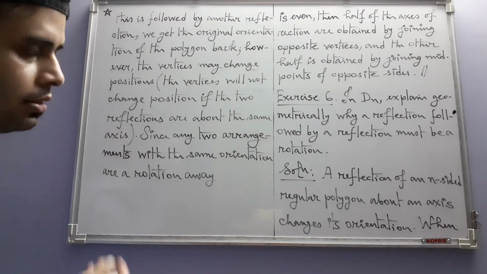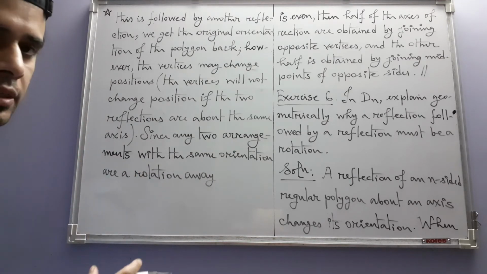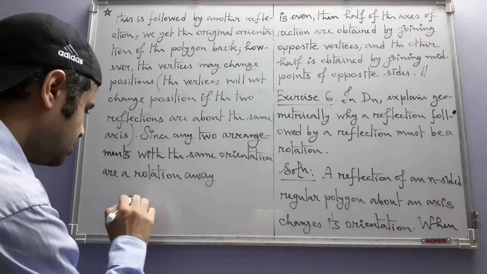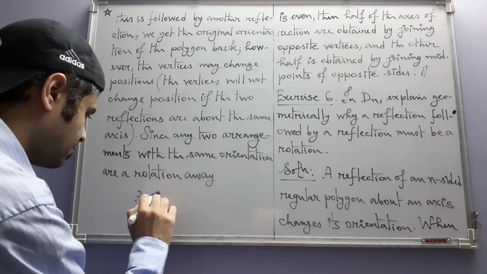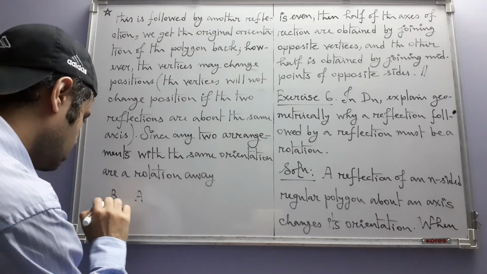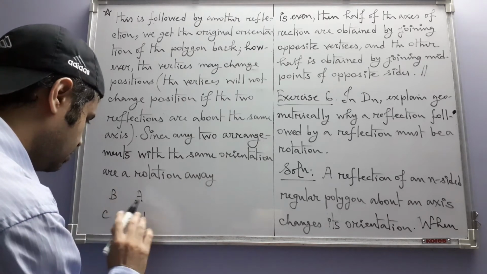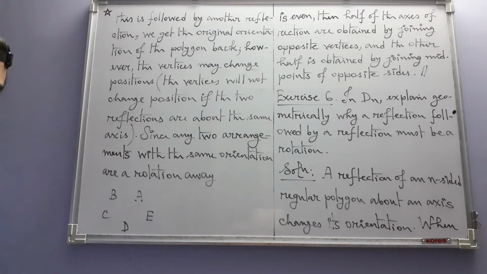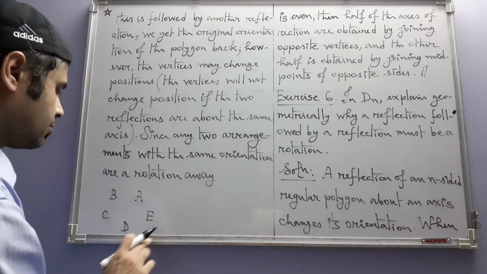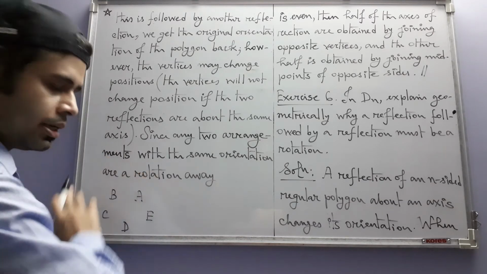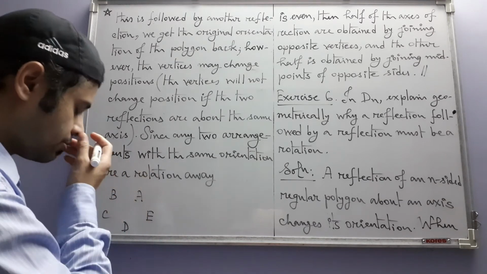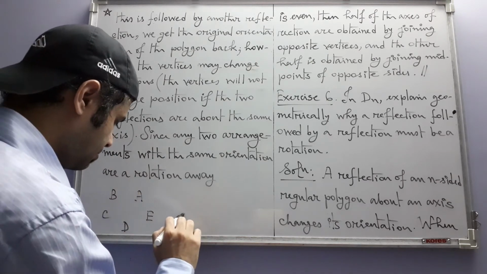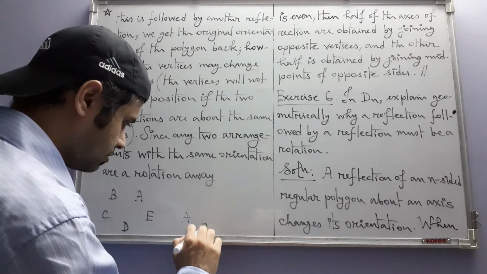We have already seen this in case of the triangle as well as in case of the pentagon, that if the orientation is same, say I have the pentagon like this, A, B, C, D, E. I am not drawing the actual thing because we need to consider only the vertices. So this is a regular pentagon with this orientation of the vertices, counterclockwise orientation. Now instead of this arrangement, say I have this arrangement.